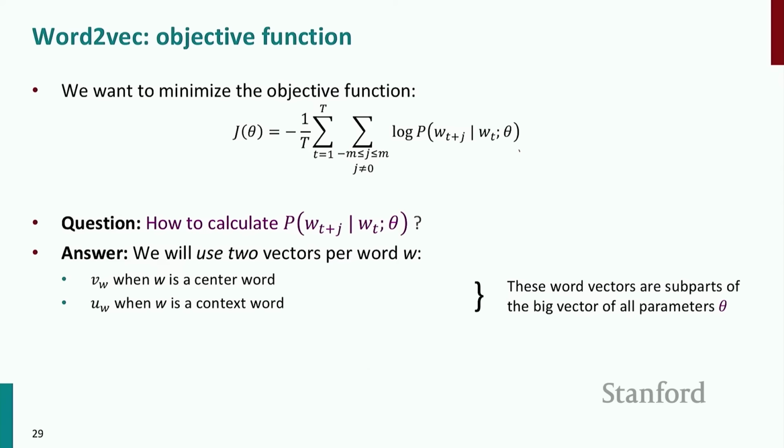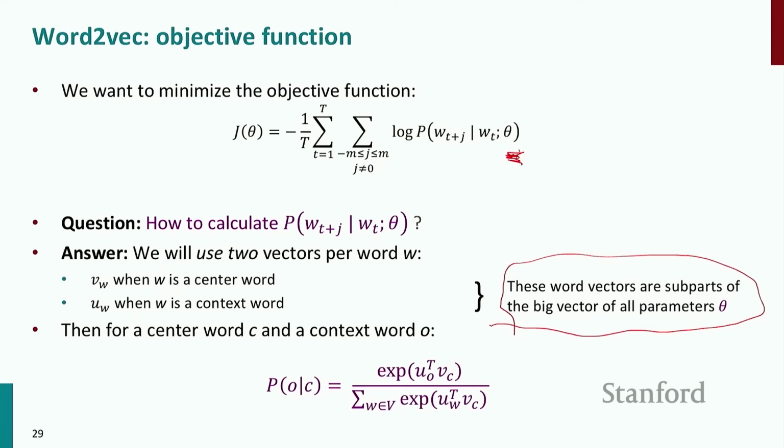So over here, I've shown this theta, which are the parameters of our model, and all and only the parameters of our model are these word vectors for each word in the vocabulary. That's a lot of parameters because we have a lot of words and we've got fairly big word vectors, but they are the only parameters.